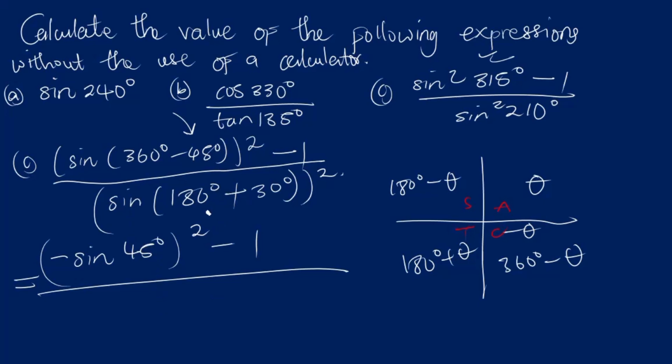What do I have here? Sine in this quadrant, which is the third quadrant. How is sine in the third quadrant? It's negative, right? For which angle? For this angle in question here, 30 degrees. And this is also squared, right? So we can remove this now. I think we are done with it.